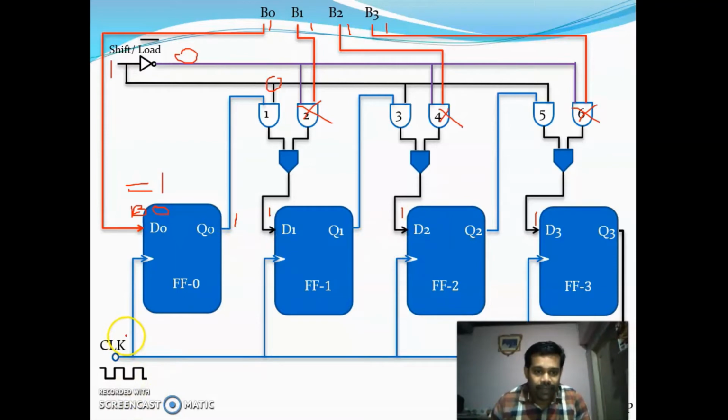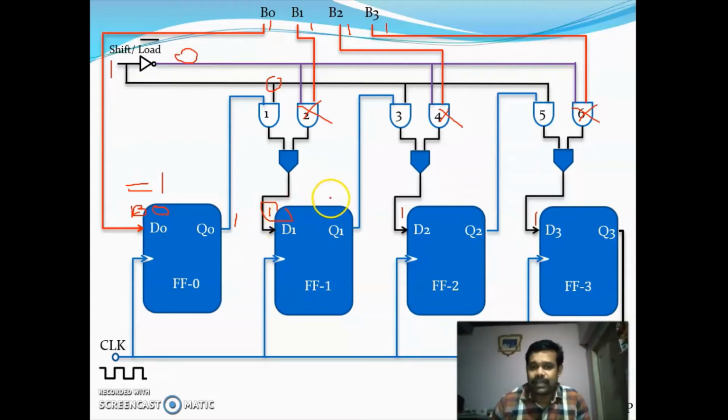So during the first clock pulse, this input 1 will be transferred to this AND gate, and it will be coming to this flip-flop. Similarly, for the first flip-flop, the input you are having here is 1.